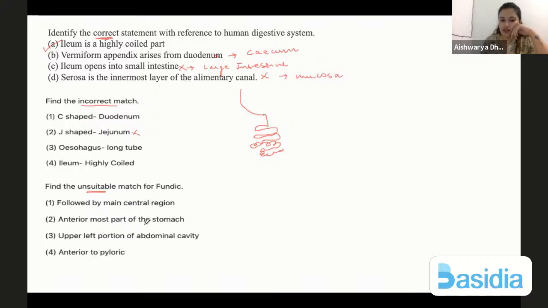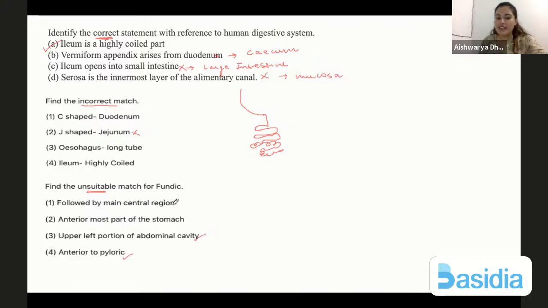Upper left portion of the abdominal cavity is where it is located, and anterior to pyloric means it is present above the pyloric. So this is correct. Then the entire stomach is present in the upper portion of the abdominal cavity. So this is correct.